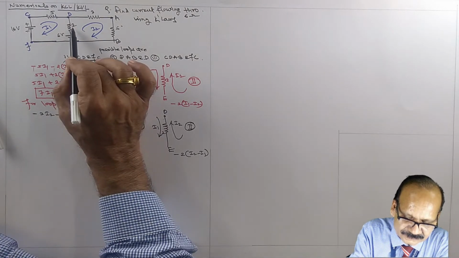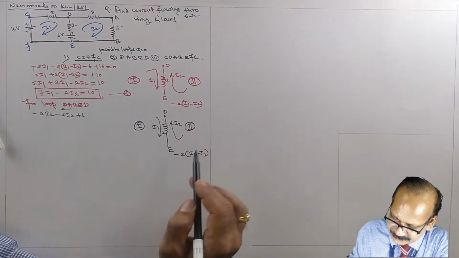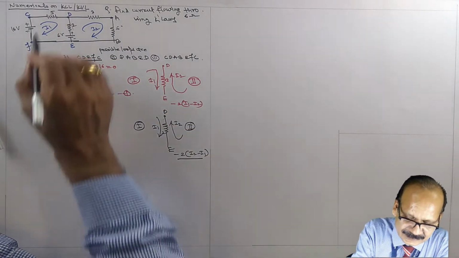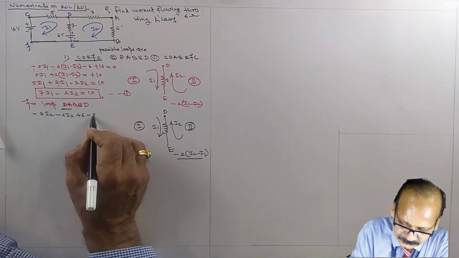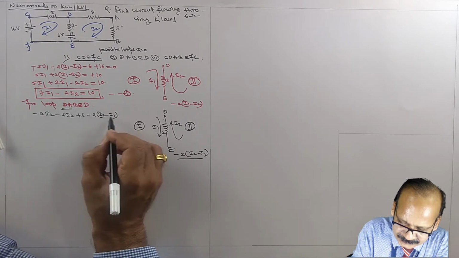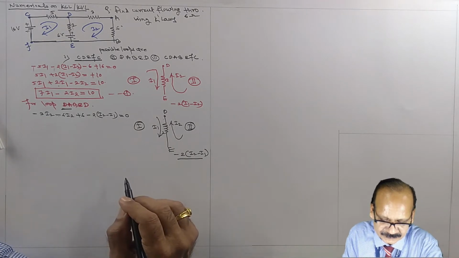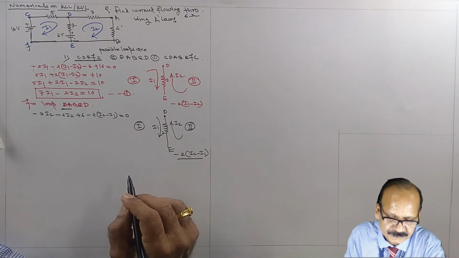Then through the 2 ohm, in the direction of current, minus 2, now here it is I2 minus I1. Remember this. And this is equal to 0.